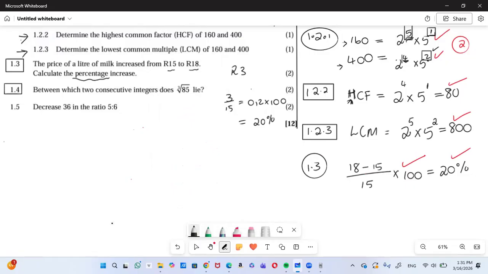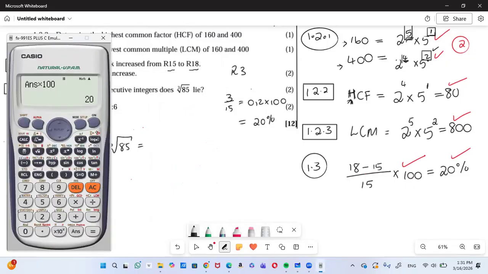1.4, they're saying between which two consecutive integers does the cube root of 85 lie. So now how do we do this one? We want to find out how much is the cube root of 85. So now let's go there and check. Shift, cube root, 85.